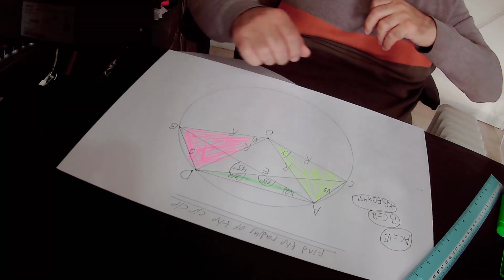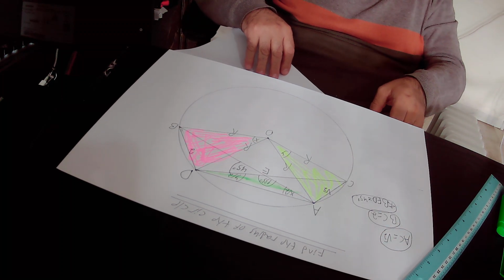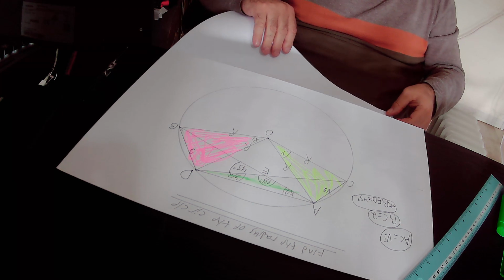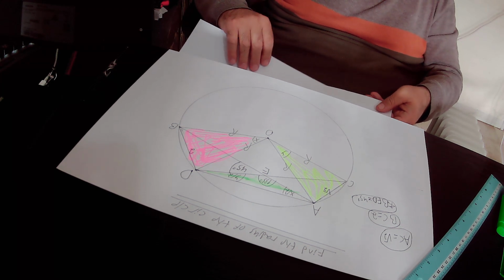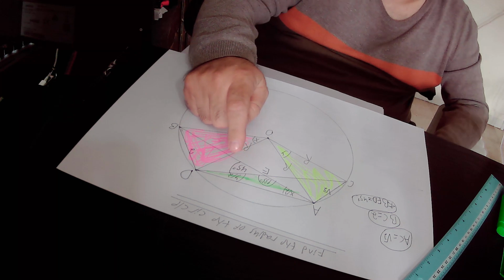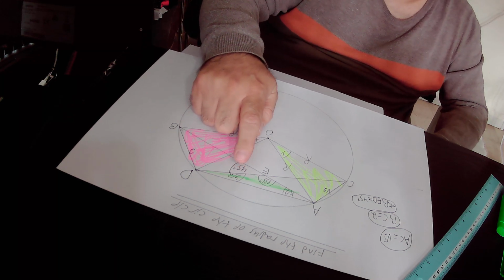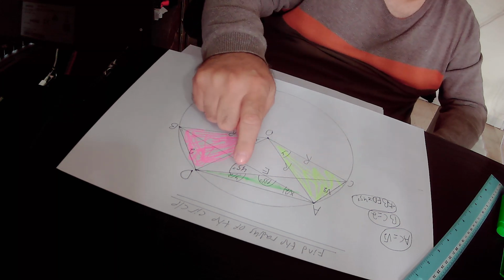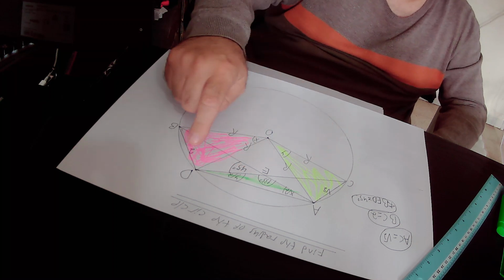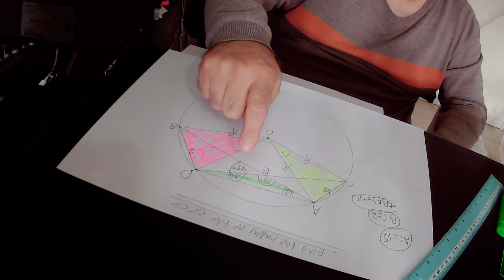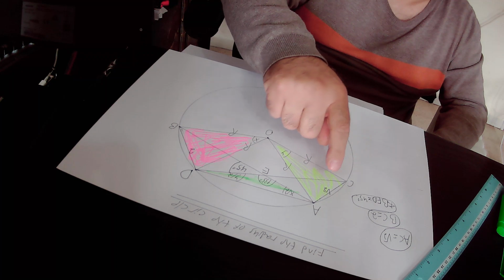Okay, then we defined the peripheral angle CDA as y over 2. Peripheral angle CDA, equal to y over 2, rests on chord AC.